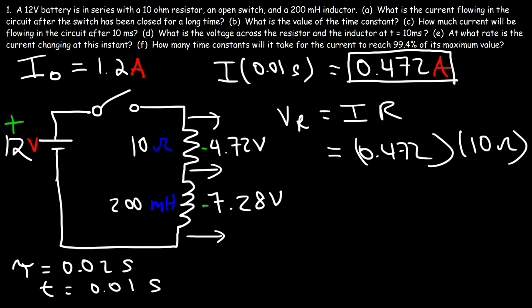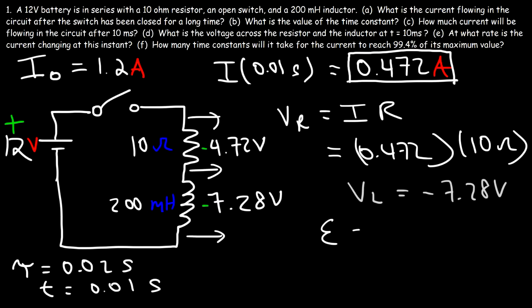And these are negative because as the current increases, they consume energy from the circuit. So they cause a voltage drop. So VL is negative 7.28 volts, technically speaking.